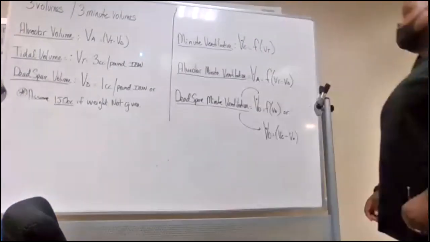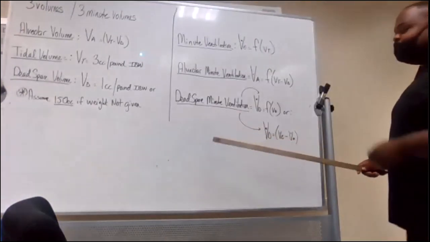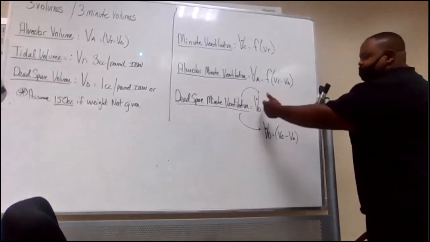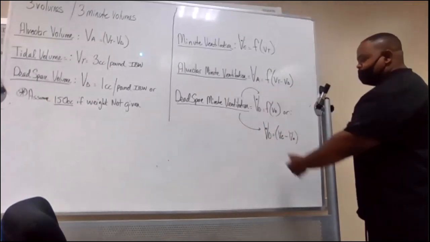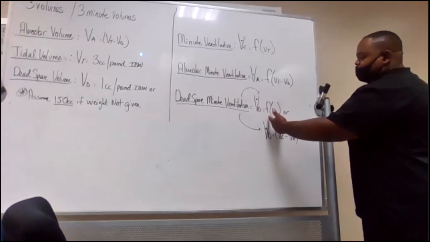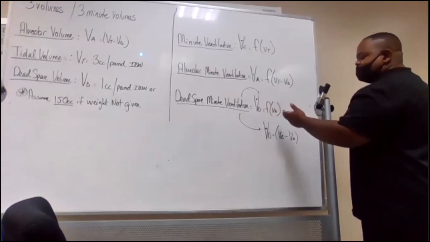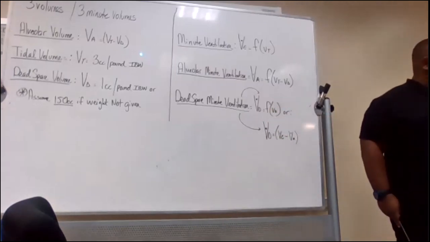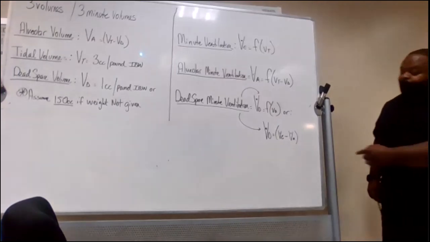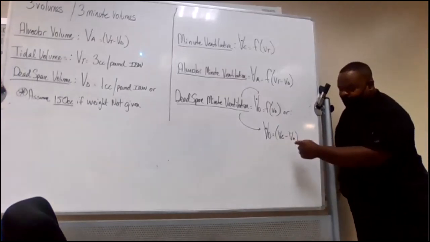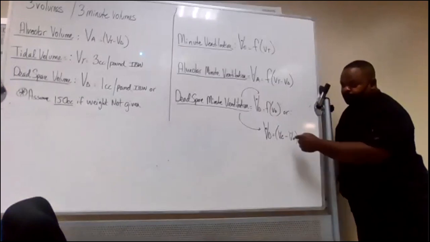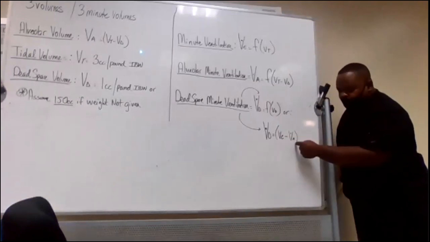All right. And then dead space minute ventilation, of course, the VD with the dot in the middle, is frequency times dead space, or you can say the minute ventilation minus alveolar minute ventilation.